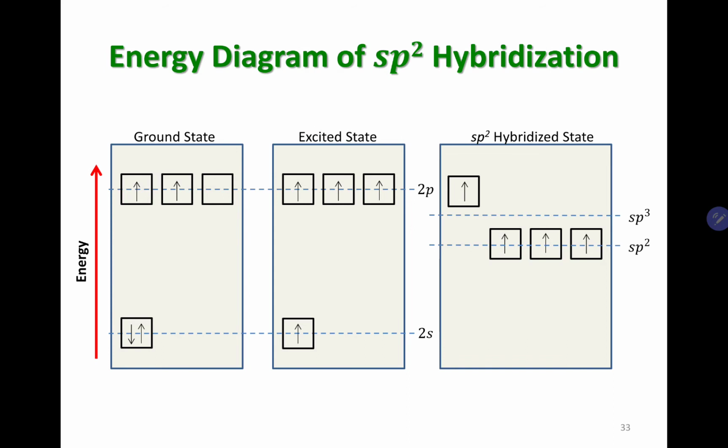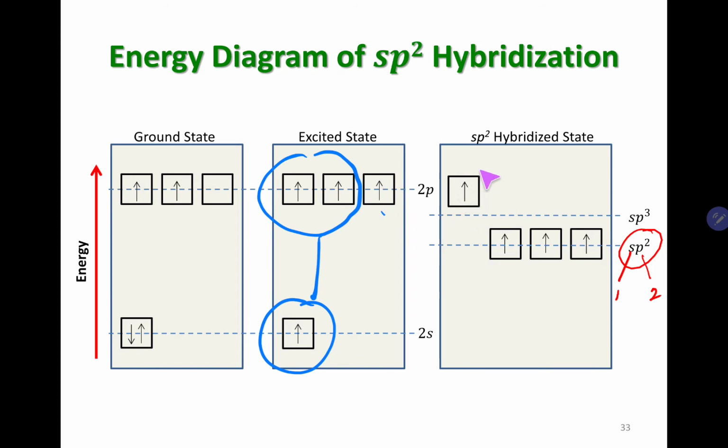And in this hybridization, as the name implies, it is sp2. That means this hybridization has one s orbital and two p orbitals. So the s orbital that we have will hybridize with only two p orbitals. We will leave one p orbital alone.